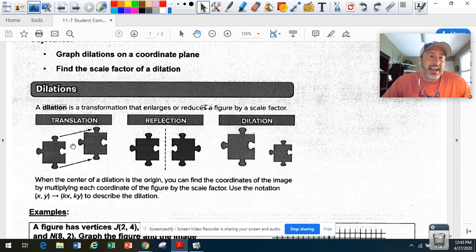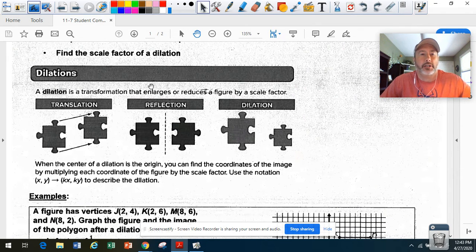It says a dilation is a transformation that enlarges or reduces a figure by a scale factor. So everything must be done on the same scale factor. Either we're going to double the size. Just to give you an FYI, if we're going to double the size of this corner piece, guess what we have to do with this piece up here?